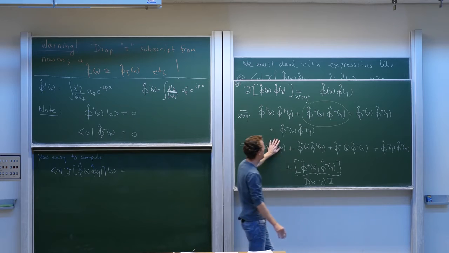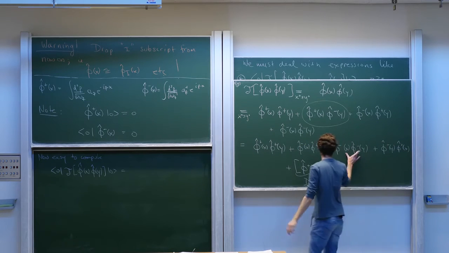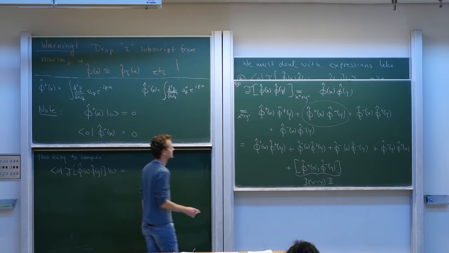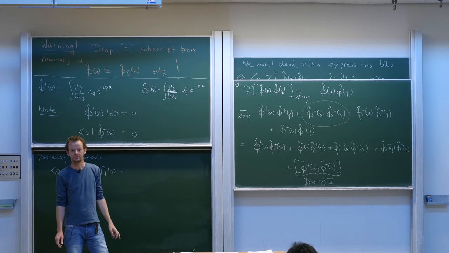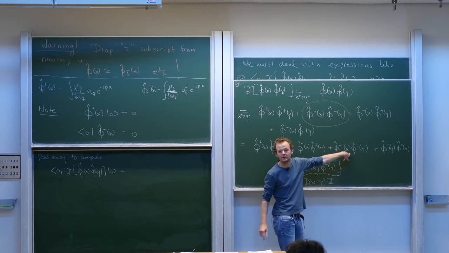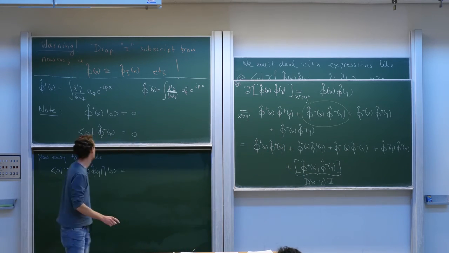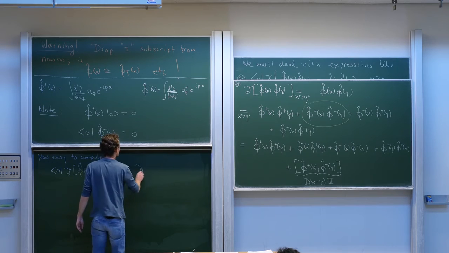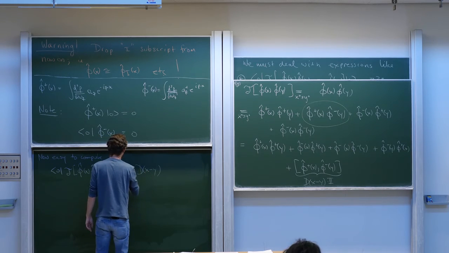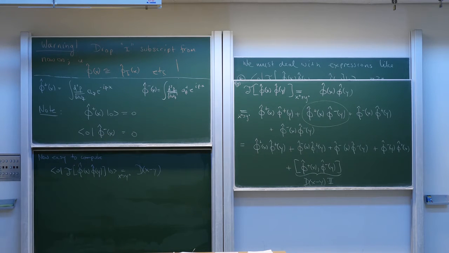So this term is 0, this term is 0, this term is 0, this term is dx minus y, and that term is, in fact, any guesses? What's this term equal to? It's also 0. That's right. Fantastic. This is all, of course, in the case that x naught is bigger than y naught.